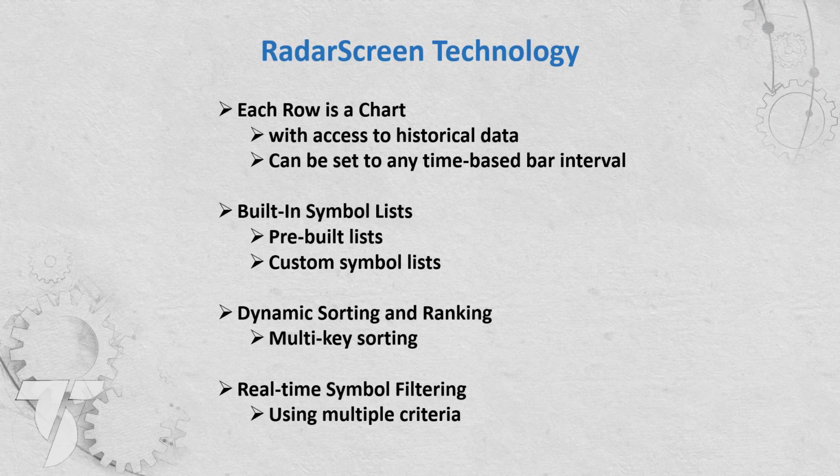Finding opportunities in RadarScreen is the process of sorting and ranking. If you have 1,000 symbols calculating MACD, you can't have all 1,000 symbols on the screen at the same time, obviously. So we have a couple of different features to manage all of those symbols. One is that you can simply sort your list of symbols by an alert criteria, or by a value that you're calculating inside of your indicator, typically an alert type criteria, right?